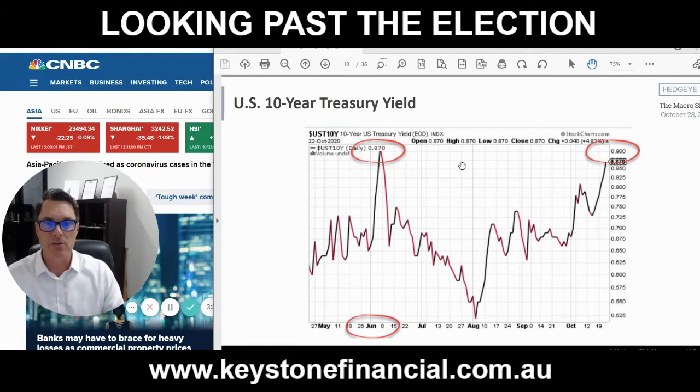The reason this is circled is because the last time we saw a big spike was back in June, and of course, it fell over fairly quickly. I'm watching this with great interest because I think we're going to see yields roll over here, but if they don't, that's going to be a sign of interesting things to come down the track.